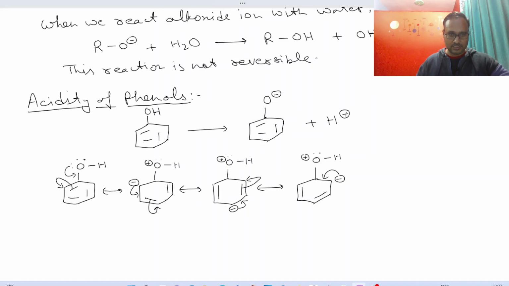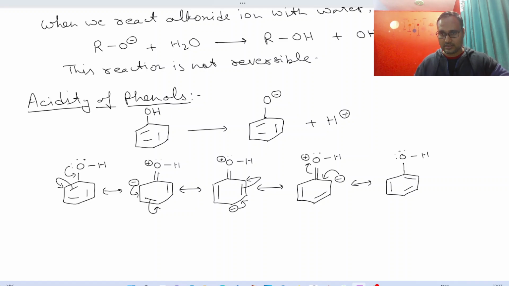There should be a double bond over here between oxygen and hydrogen. So when it gets inside, this gets back. So this forms OH again.